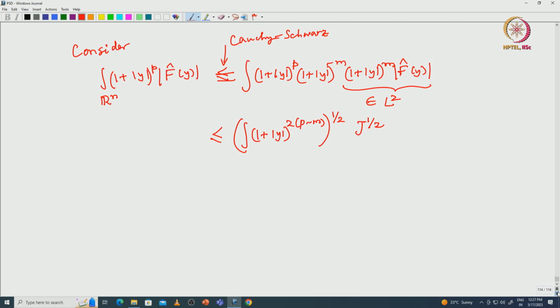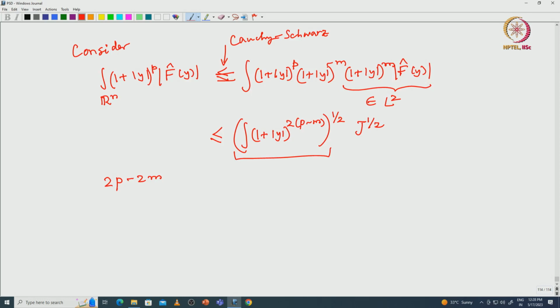And what about this integral? Now we use that hypothesis, 2p minus 2m, and use spherical coordinates.